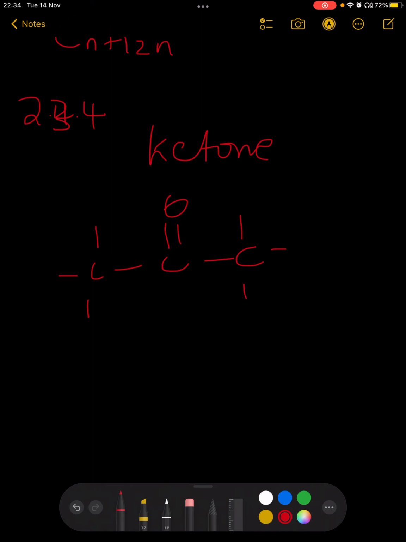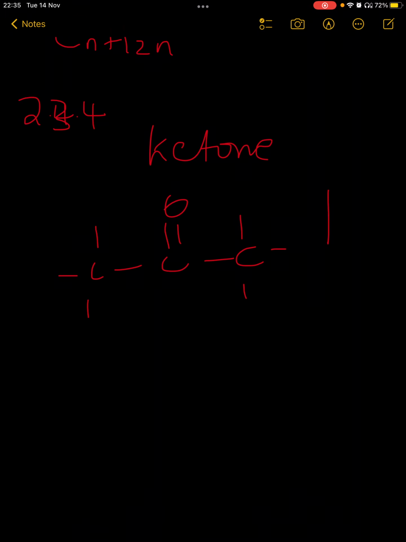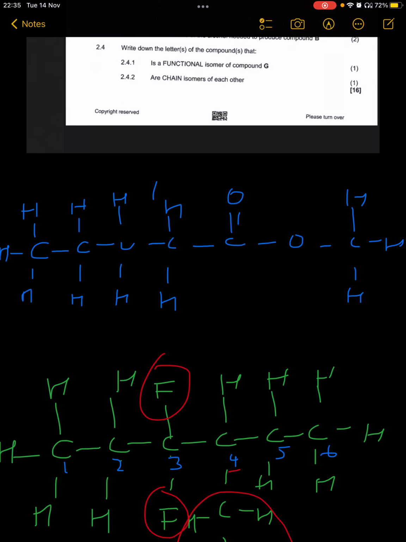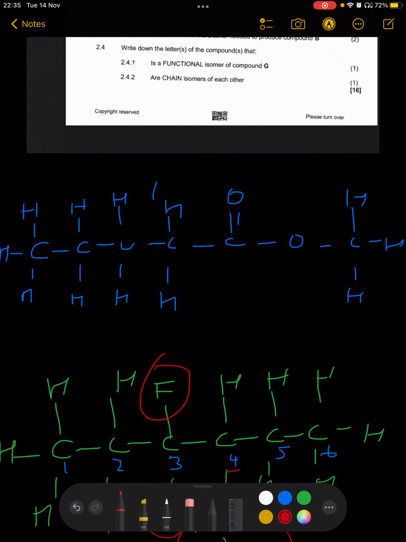And 2.3.5 had the IUPAC name needed to produce compound B. So let's go back to the structure of compound B that we drew here. Compound B is this one here, and I always advise my learners to follow this.